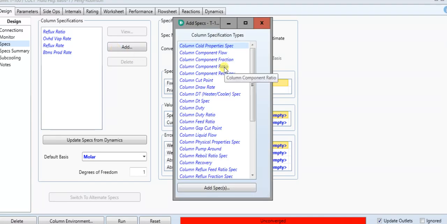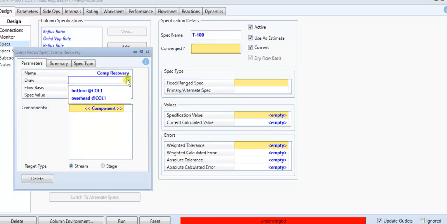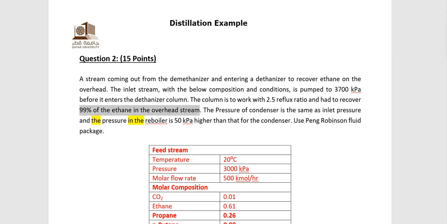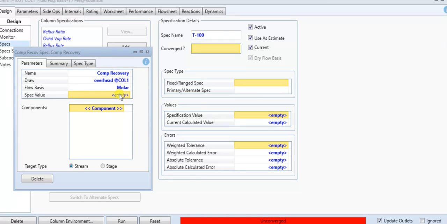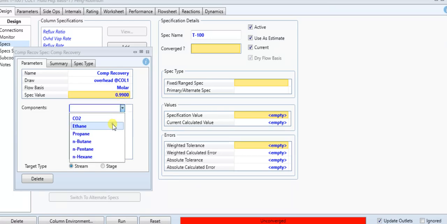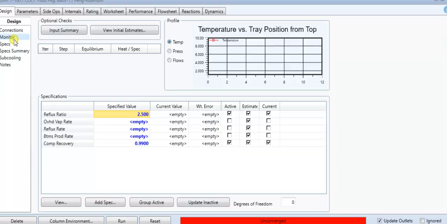Add column component recovery, stream overhead, molar spec value 0.99, component is ethane. Add it. Now in the monitor, this one is added, so we need to make it active, and that's it.